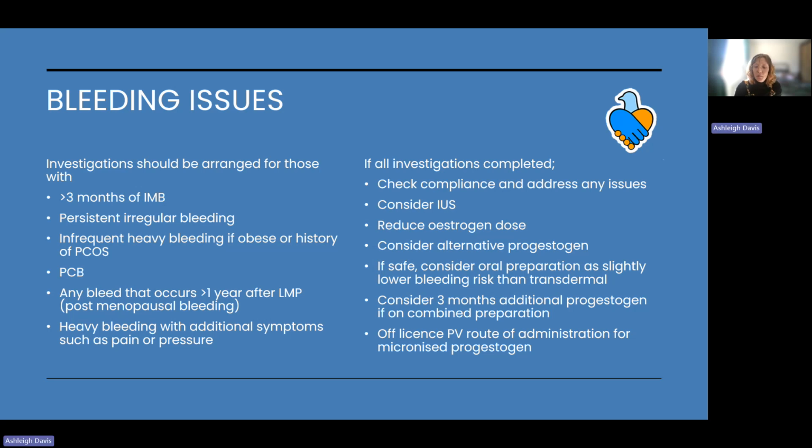When we are presented with bleeding issues on HRT, firstly, we should be arranging investigations for those with more than 3 months history of intramenstrual bleeding, persistent irregular bleeding, infrequent heavy bleeding if they are obese or have a history of polycystic ovary syndrome, any postcoital bleeding, any bleeding that occurs over a year after their last menstrual period.